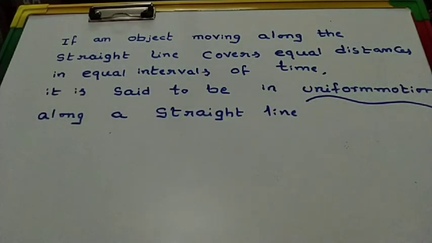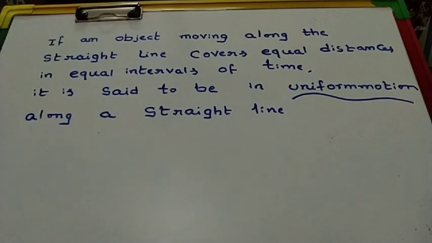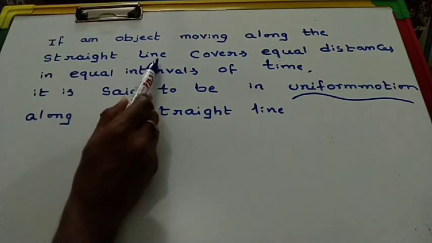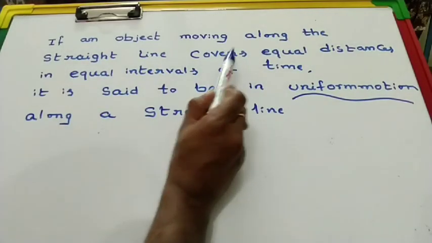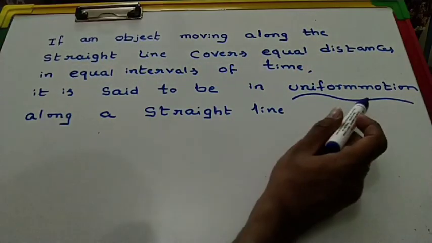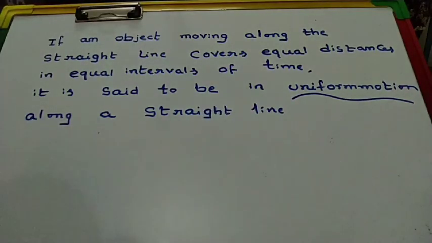Once again I am repeating. From that graph, what we understood is that if an object moving along a straight line covers equal distances in equal intervals of time, it is said to be in uniform motion along a straight line.